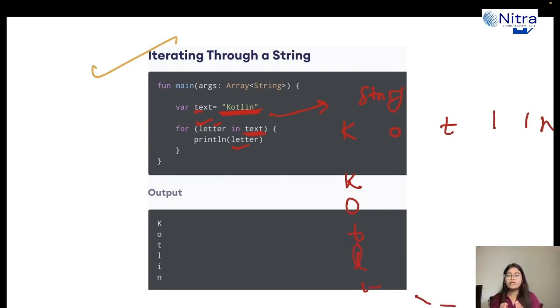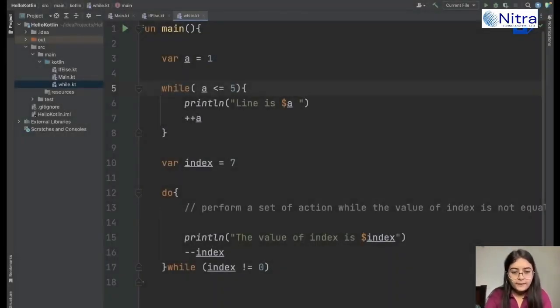So for loop is heavily used in iterating as well, iterating over a string, iterating over arrays and so on. So let's quickly write for loop as well, so that the concept is very crisp and clear in your mind.